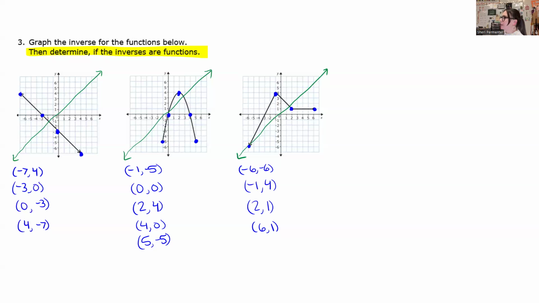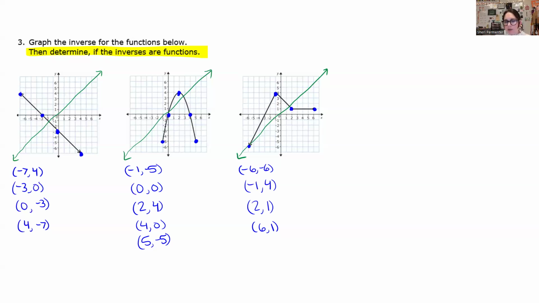What do we do to find the inverse? It's the top fill in the blank of the page. Switch X and Y. So I'm going to write my inverse and I'm going to do it in pink. I'm going to start with the third graph because it's got the least amount of points. So I want to walk you through it.